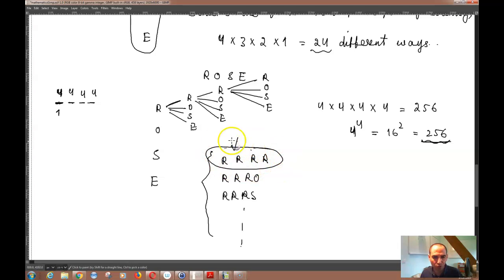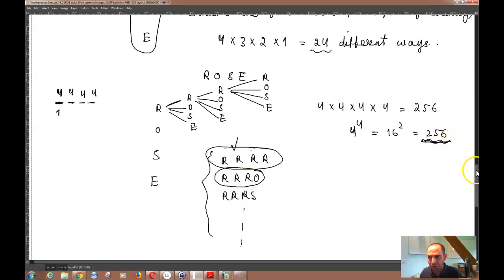You would get only one of this R, R, R, R. And for example R, R, R, O, you would get only one of this, not more than one of that.